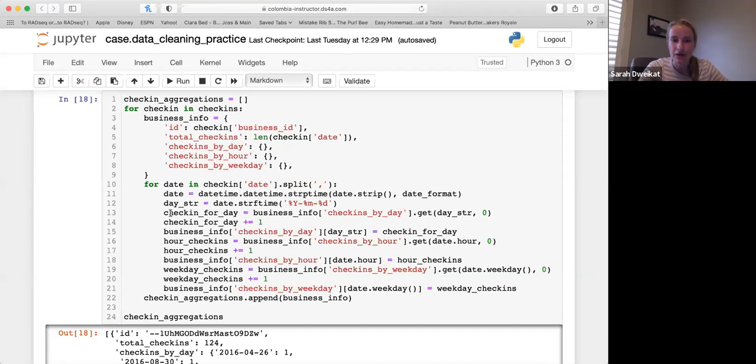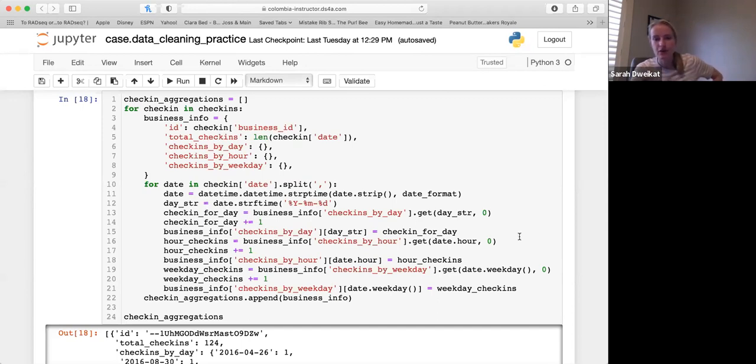So now if we want to calculate the check-ins for each day, what we're doing is we have our business info check-ins by day, which is here. And then we want to get the day from day string here. We want this to be in a string format.